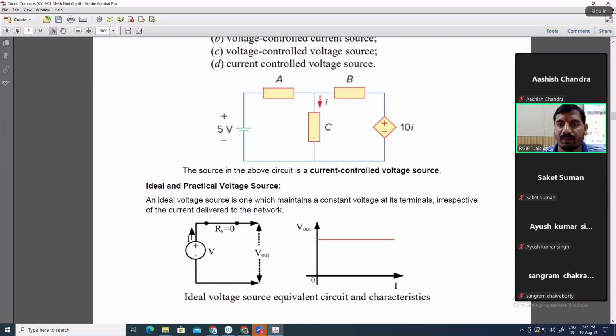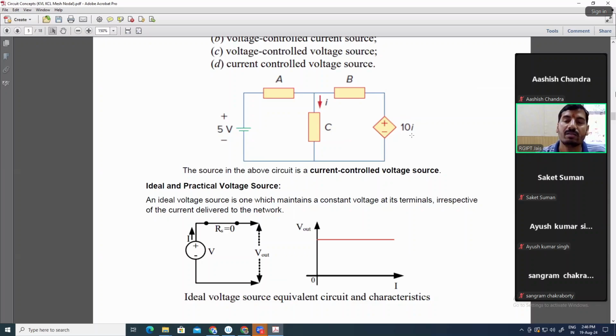But if we observe the diamond shape of this source, and the polarity, we can see that it is a voltage source and the value is 10I. I, we can see in the circuit, is the current through element C, and this source is depending on that current.